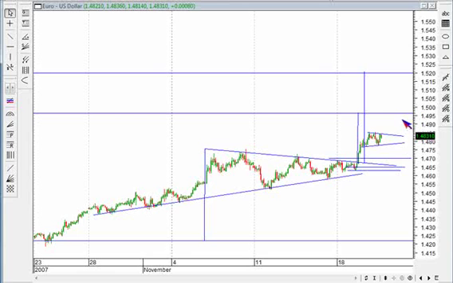Also, the European Central Bank has said that it may step in and intervene at $1.50. So I'm not counting on the secondary price target, but I will go with the primary price target right here, and I do think that we are going to reach somewhere close to $1.50.